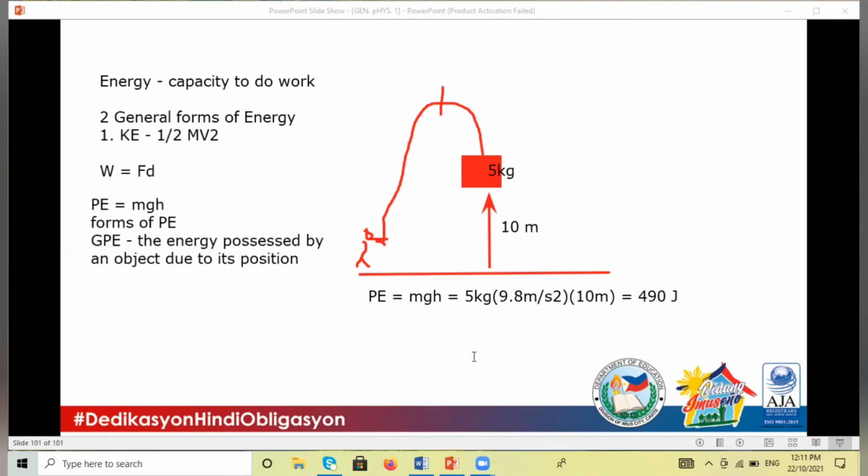So you will notice here, the box acquires gravitational potential energy since you raise this box at a height of 10 meters. Therefore, the box acquired gravitational potential energy.